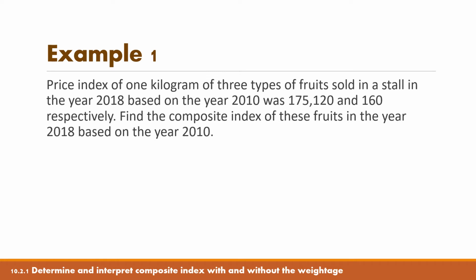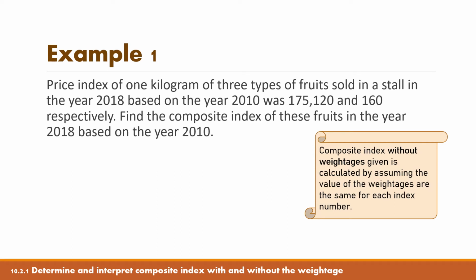This question we can say that it's not with any weightage. Therefore, we will assume that the weightage for each item will be the same and will be equivalent to 1.